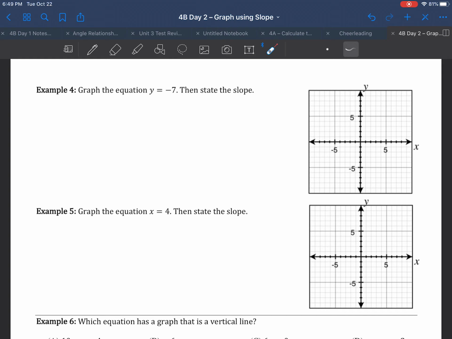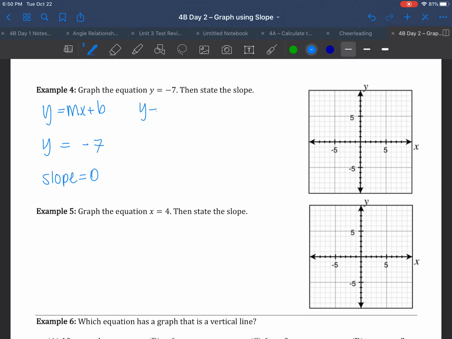The last couple of things we're going to look at, remember my form is y equals mx plus b. And here I just have y equals negative 7. So I'm missing the x term here, okay? The only way that happens is if my slope is 0.